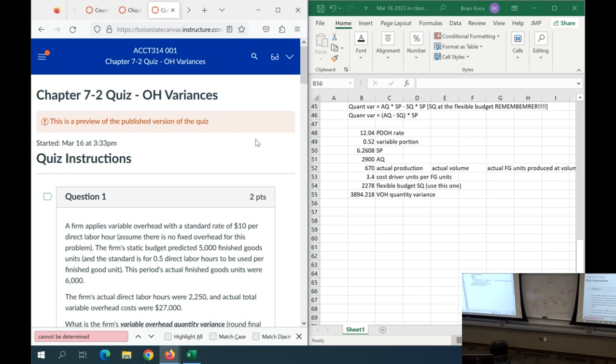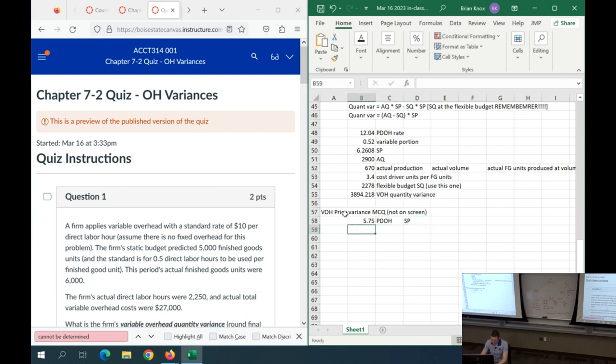We have a standard rate, so the "cannot be determined" aspect of it can't be right. So it's got to be one of the answers, of course. Read off to me real quick here. This is the VOH price variance MCQ. All right, so we have 5.75 as our overall PDOH rate, and that's all variable overhead, so that's our standard price.